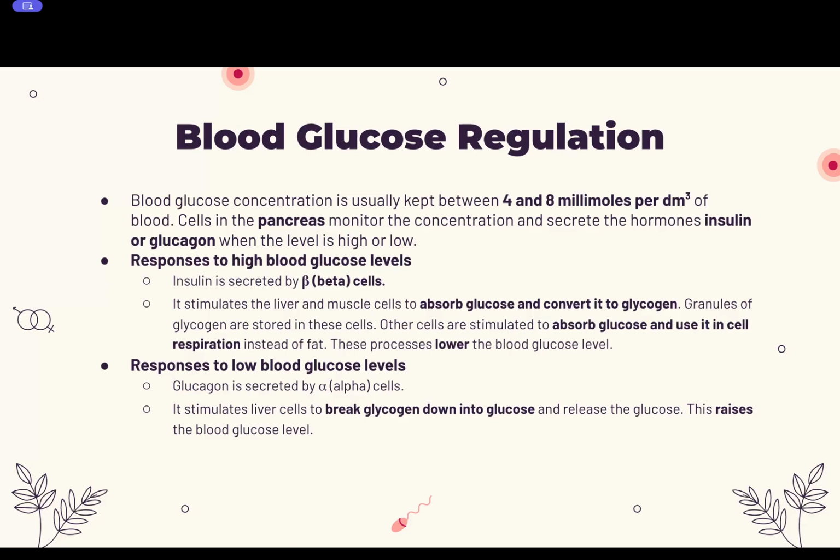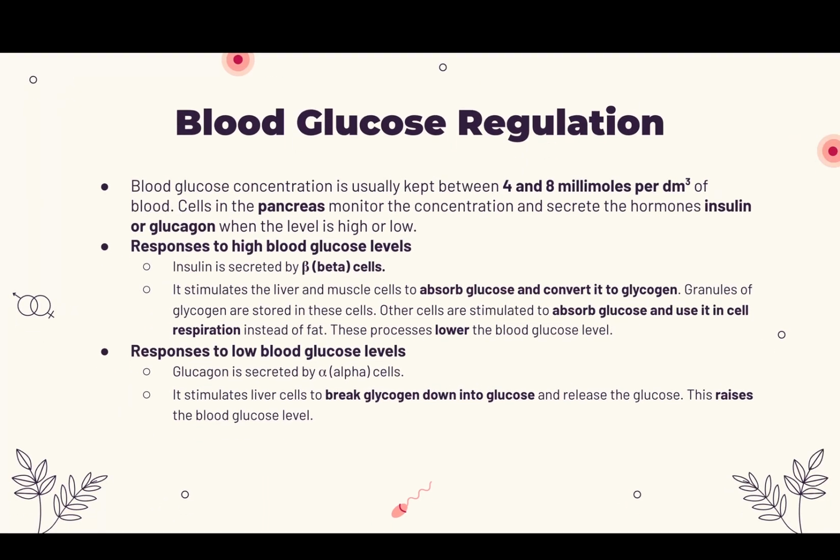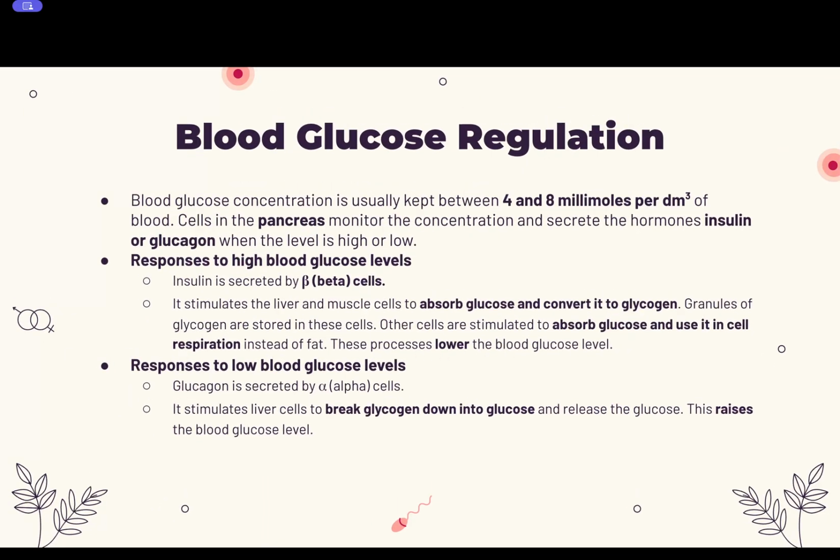Glycogen is a complex carbohydrate, and that's one of the storage solutions for our body for glucose. Granules of glycogen are stored in liver and muscle cells, but insulin also stimulates other cells, not just liver and muscle cells, to absorb glucose and use it in cell respiration instead of using fat. We know that cell respiration uses either glucose or fat usually.